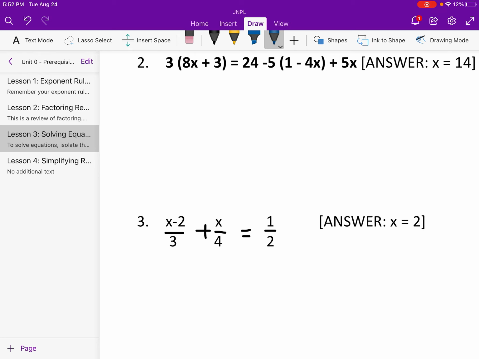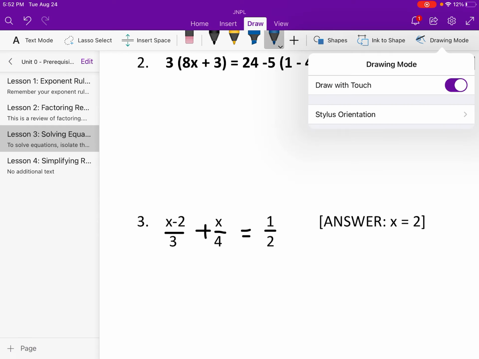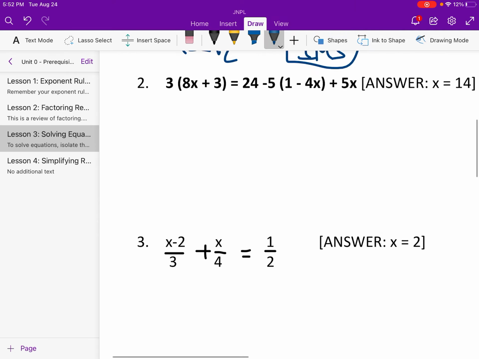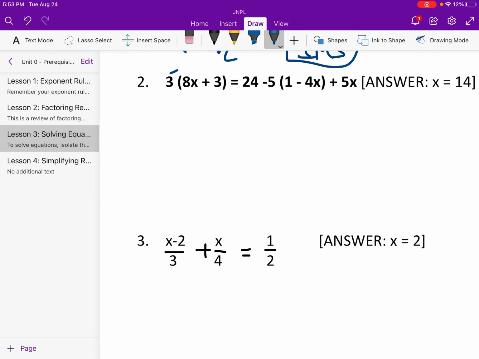So there you go. Distribute again here. That's 24x plus 9 on this side.